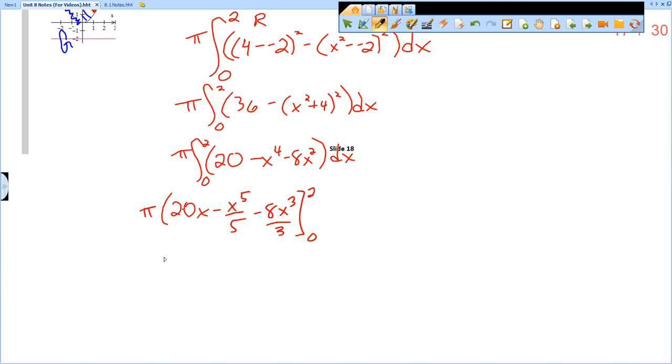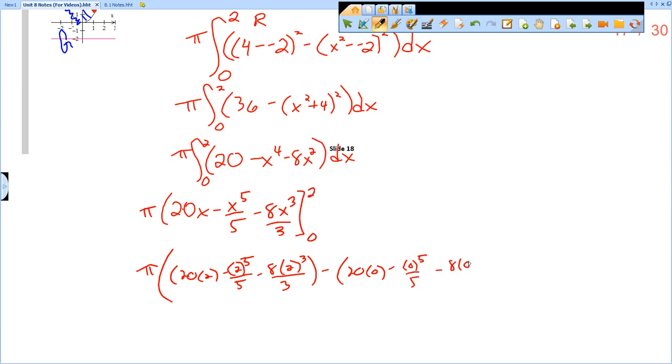All right. So now we've got the pi in front, okay? And then I've got 20 times 2 minus 2 to the 5th over 5, all right, minus 8 times 2 cubed over 3, right? So all of that minus 20 times 0 minus 0 to the 5th over 5 minus 8 times 0 cubed over 3, okay?